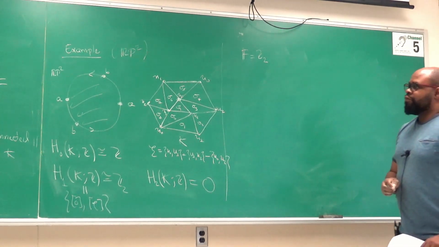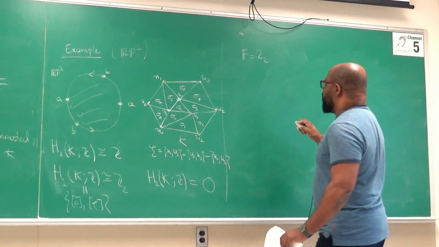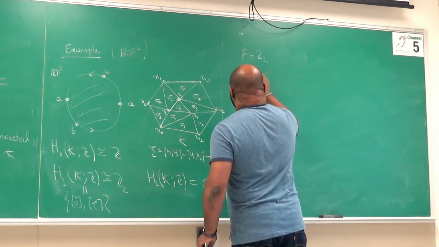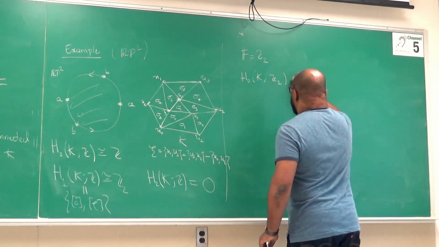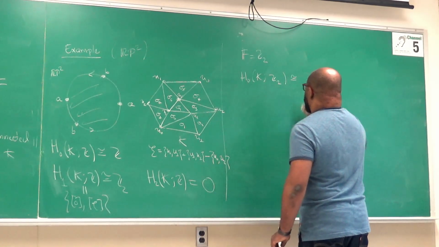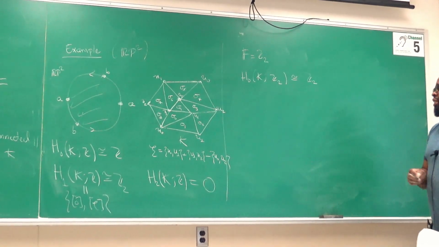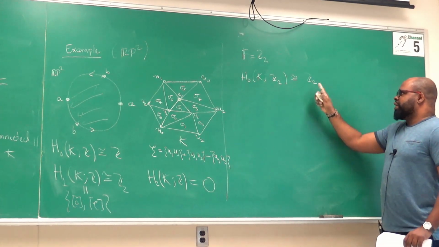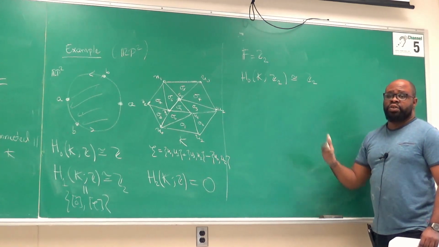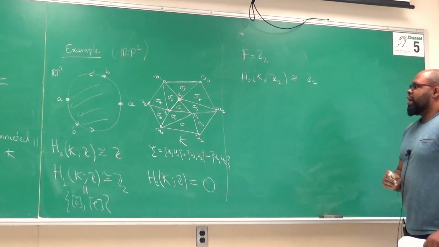Okay? So from the remark that we have before, we have that H0 of RP2 is still just Z mod 2, right? So it's going to be a vector space, and its dimension, meaning the number of times the field is repeated, is going to be just the number of path-connected components. So that's that.